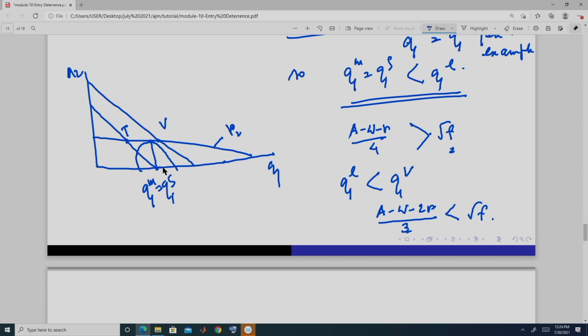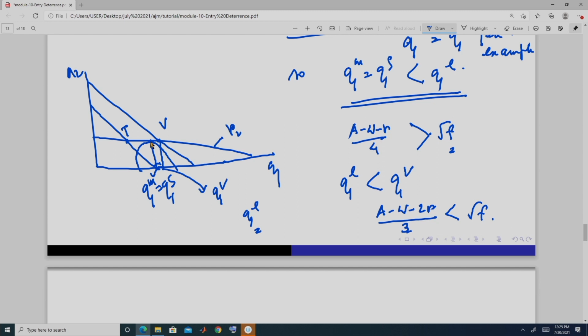So, QL lies here. This point is Q1V, this is this point. So, in this range Q1L lies. Okay. Now, if it lies here, this is the Stackelberg thing, right.